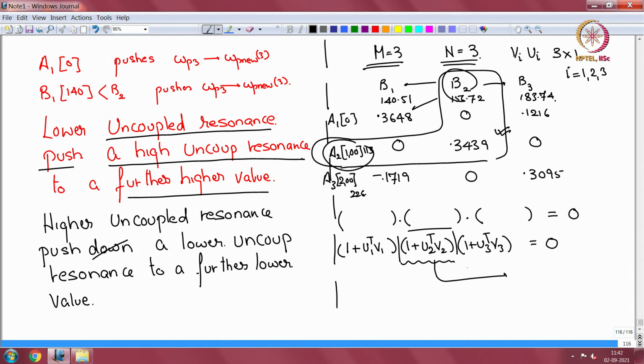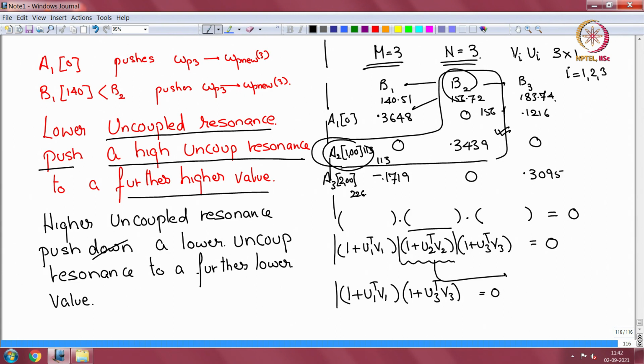Okay. So now you can study them. So you can see that A2 is 113 and B2 is 156. So A2 will push B2 to a new higher value, whereas B2 will push A2 to a lower value. So they will do that to each other. Now you have to deal with 1 plus U1 transpose V1 and 1 plus U3 transpose V3 equal to 0, and any one can be set to 0.